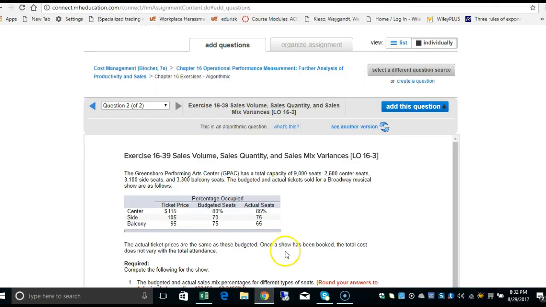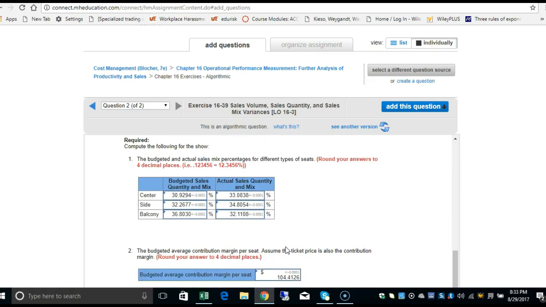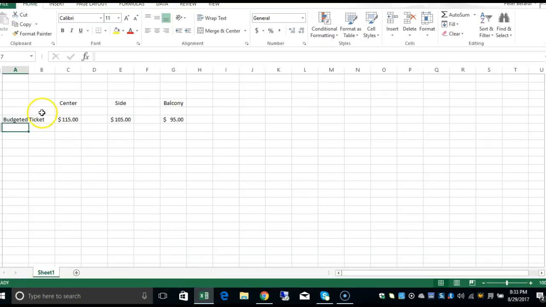Now, the problem tells us to compute the following: the budgeted and actual sales mix for different types of seats, and the budgeted average contribution margin per seat. Assume the ticket price is also the contribution margin. That's a very important factor here. Normally, in most problems, you would have to come up with a budgeted sales price minus a budgeted variable cost to get to a budgeted contribution margin.